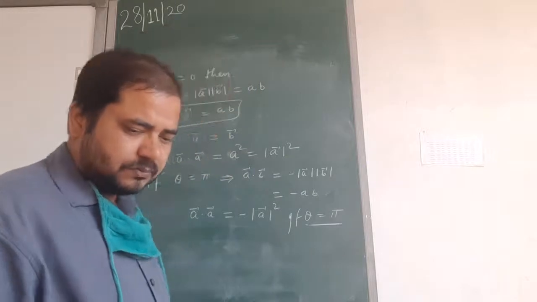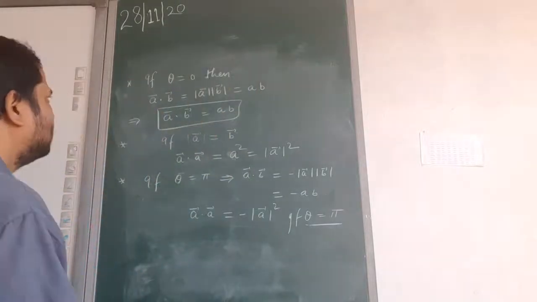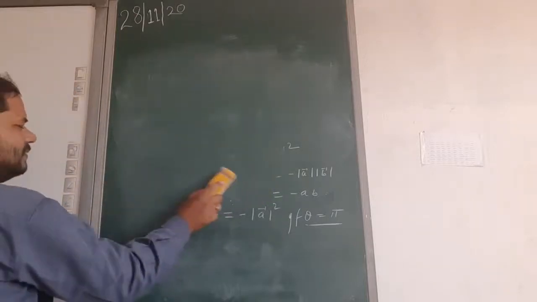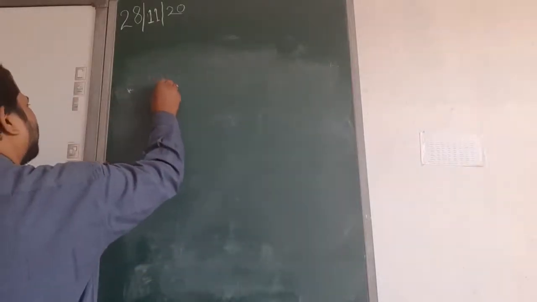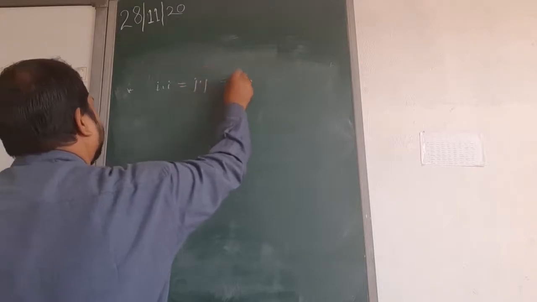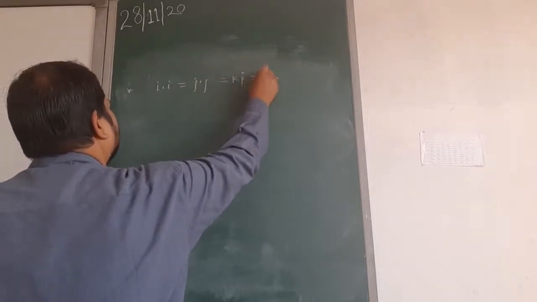Now, this one is completed. Okay, now see. You know very well what is the value of I dot I, J dot J and K dot K: it is equal to 1.